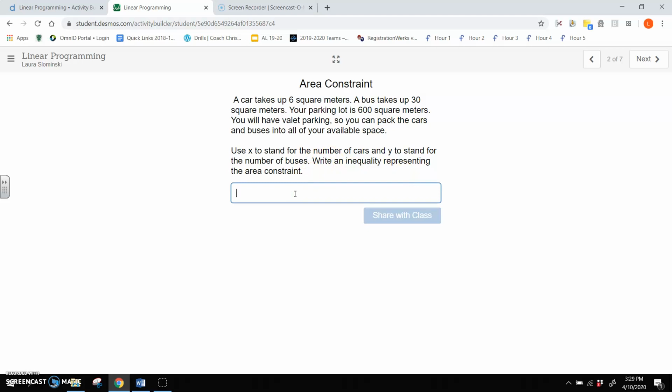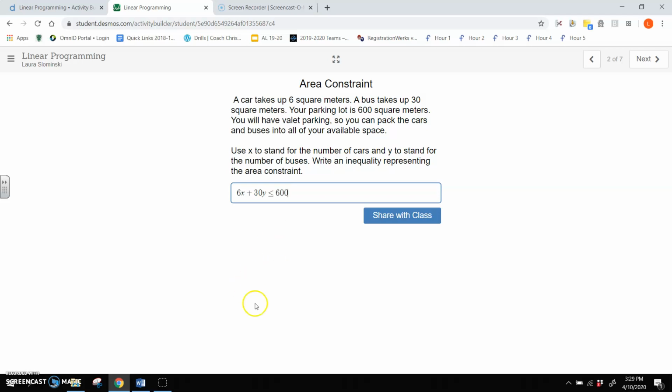Well, if each car takes 6 meters, that means it's 6x. And if each bus, so that would be plus, is 30 square meters, I would do 30y. But now the key here is that it's an inequality. The most space I have is 600, so it's less than or equal to 600.